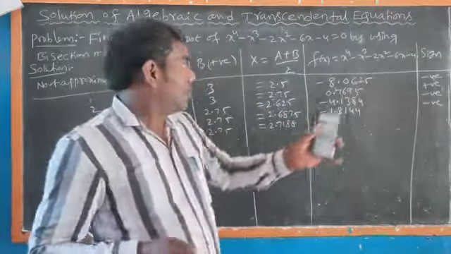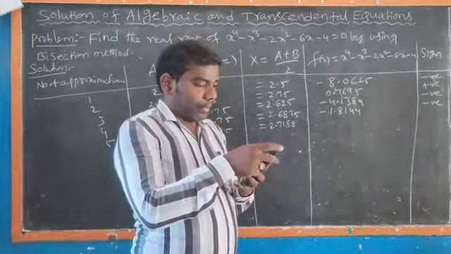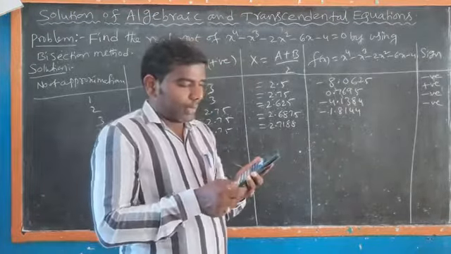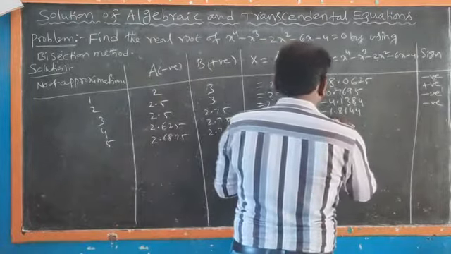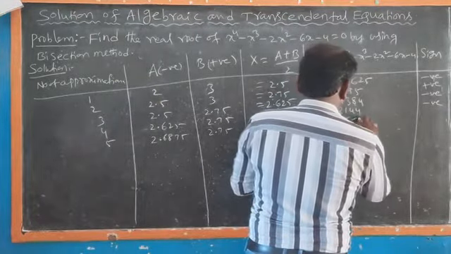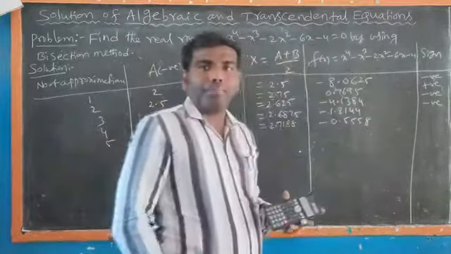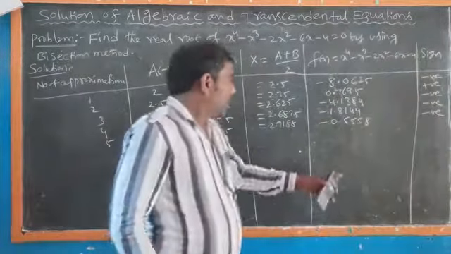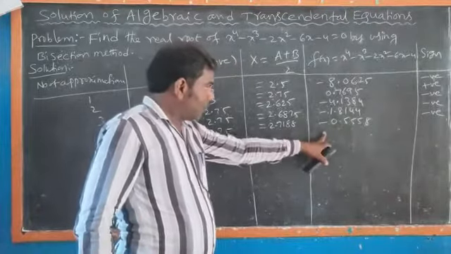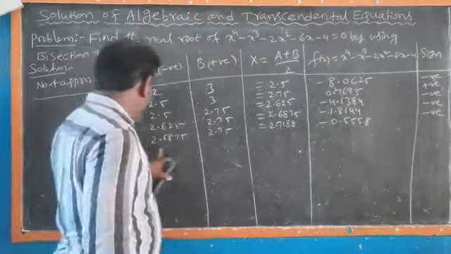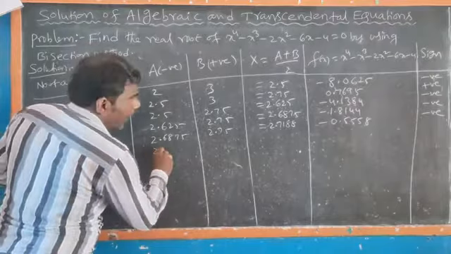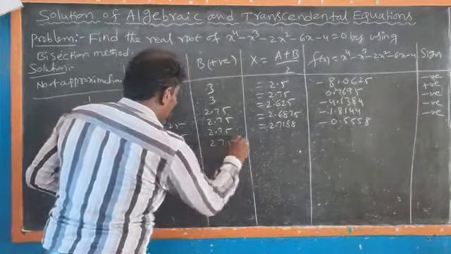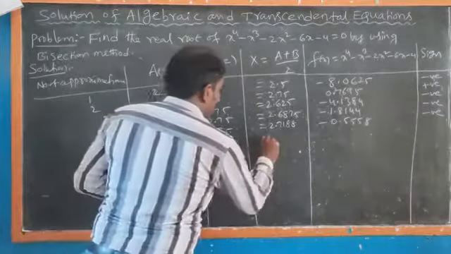Substitute this x value in this function, then calculate: 2.7188 gives minus 0.55558. This is a negative value, so substitute x in a. 2.7188, b value same. This is the sixth approximation.